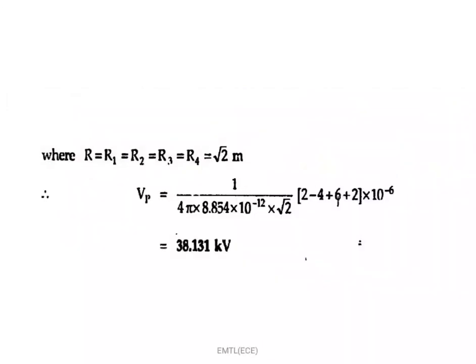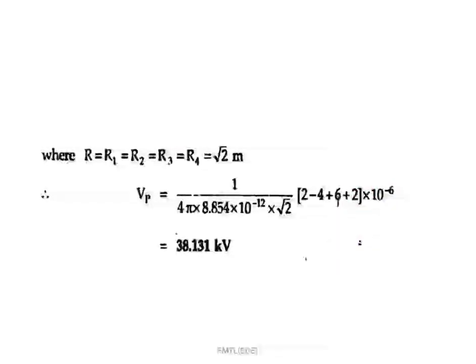So here the QA value is 2 and minus 4 plus 6 plus 2. So that is given in the problem. These are the charges at the corners of the square, into 10 power minus 6.